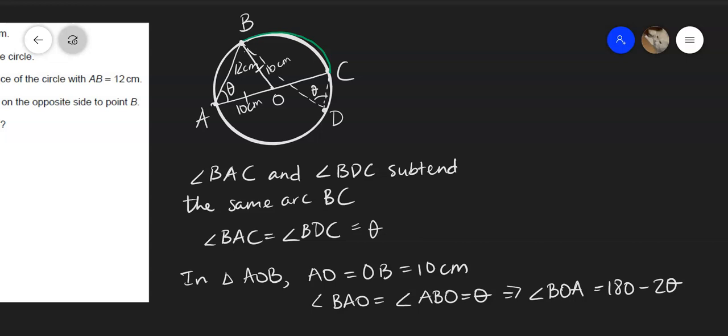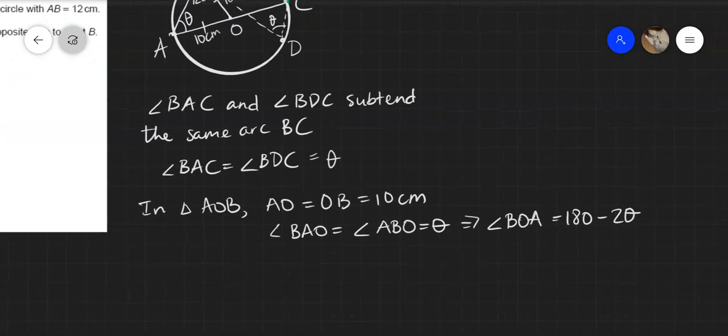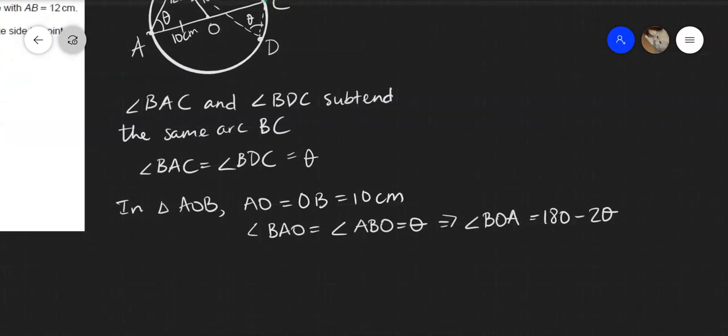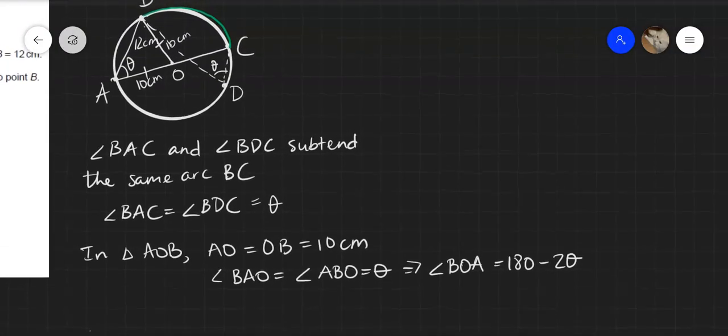Now I have two angles expressed in terms of theta, and I know all of the sides of the triangle. So I can now use the rule of sines in order to construct a proportion and eventually form an equation in terms of theta. Okay, so let's take a look at the triangle again.